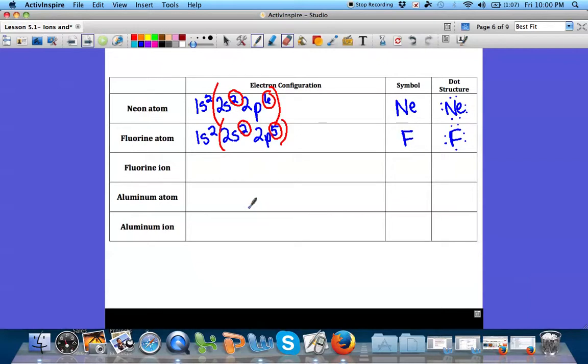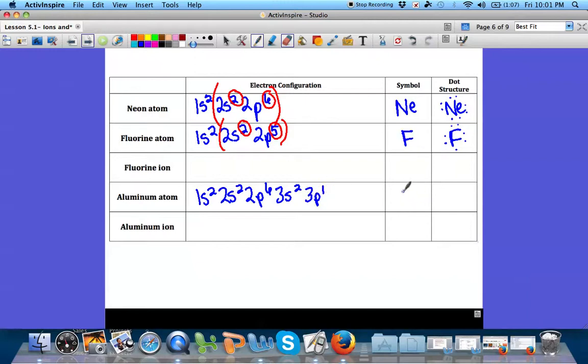Let's skip down here to the aluminum atom and then we'll go back to our ions. So the aluminum atom is 1s2, 2s2, 2p6, 3s2, 3p1.